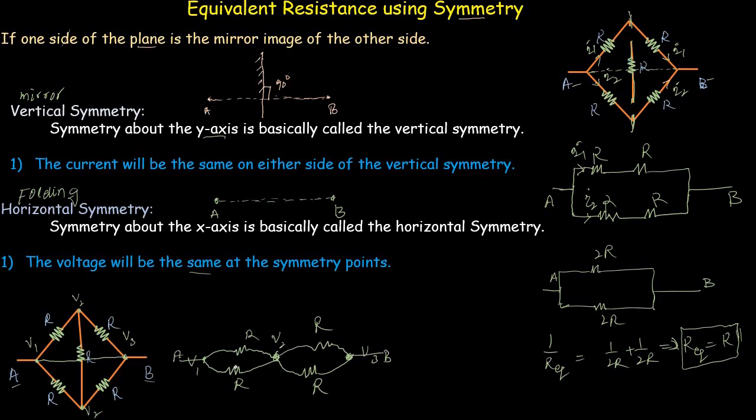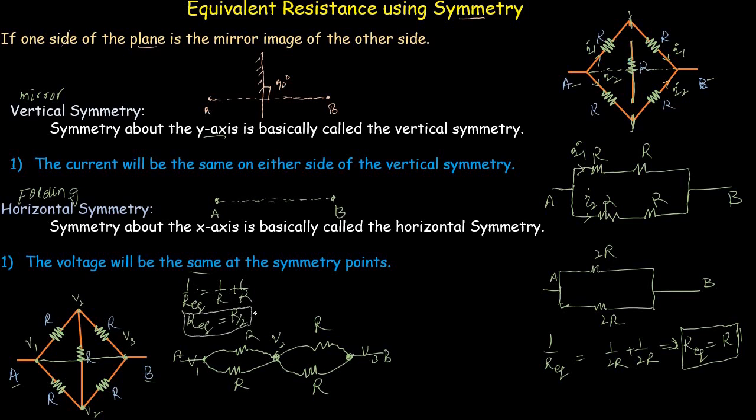Now if you look into this network, you will see that these two resistors are in parallel and these two resistors are also in parallel, because each pair shares the same two points. So for the equivalent resistance, 1 divided by R equivalent equals 1 divided by R plus 1 divided by R. So R equivalent from this equation is R divided by 2.